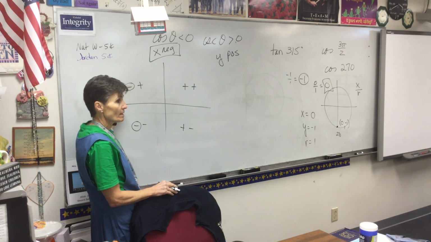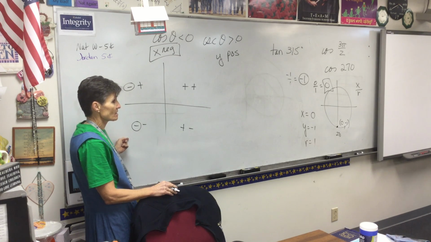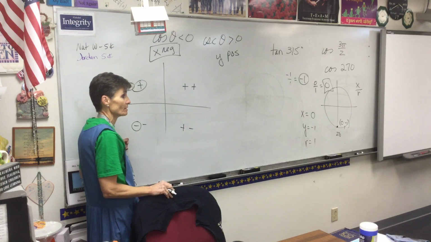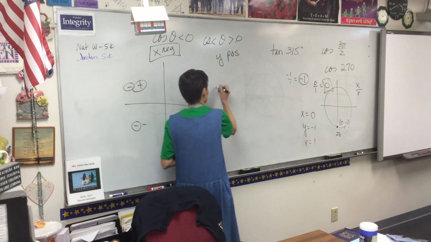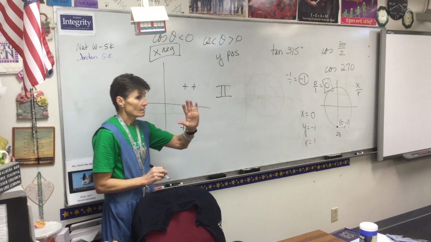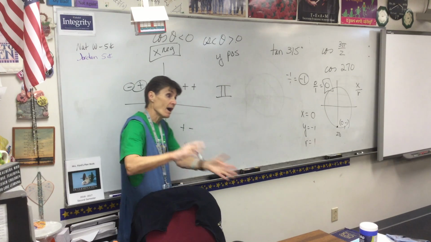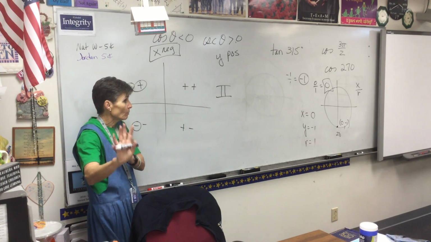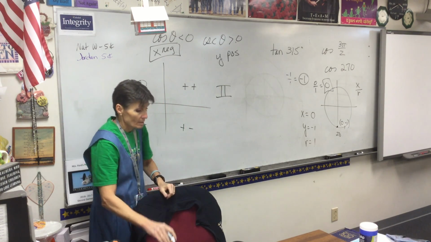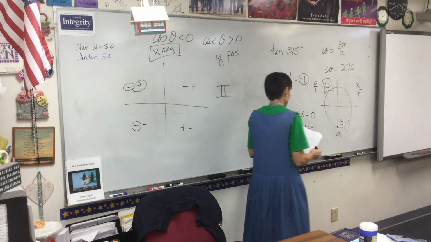So you've already narrowed it down, you're here or here. If Y has to be positive, you must be in quadrant 2. Cosine goes with X, X over R. Sine goes with Y, Y over R. So the positives and the negatives are going to match up with that.